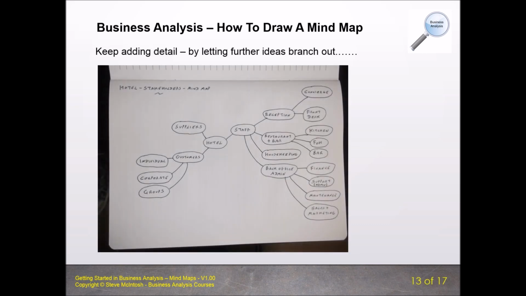You can then continue to add more levels of detail as needed. So here I've broken down the staff side of things to a 4th level of detail.